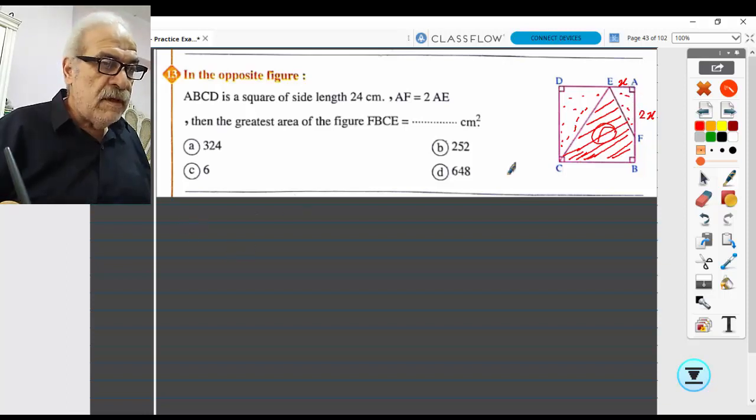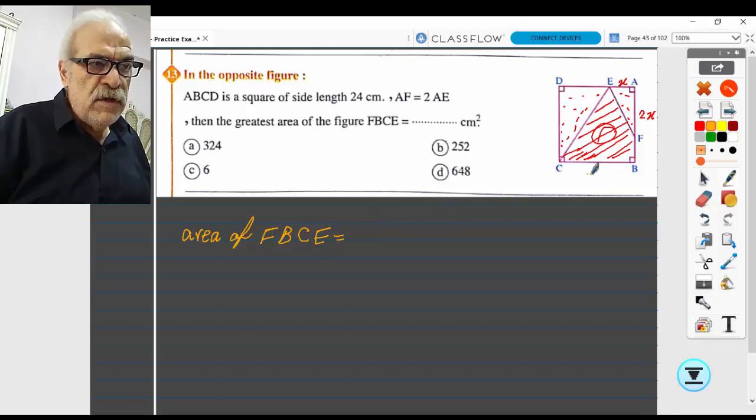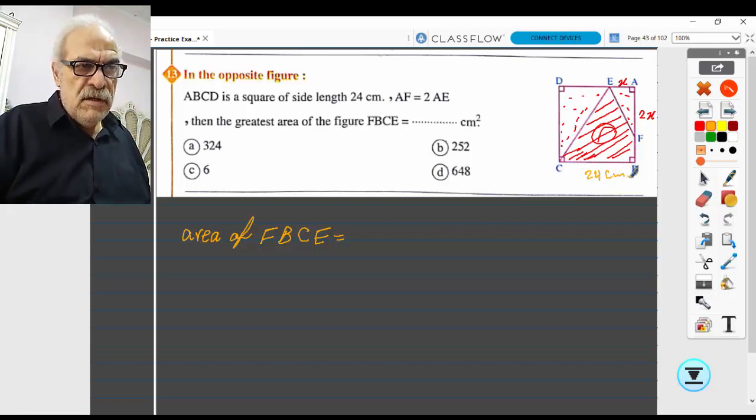So we start from the beginning here. Area of the figure FBCE equals the area of the square. The side length of the square equals 24 centimeters, right?